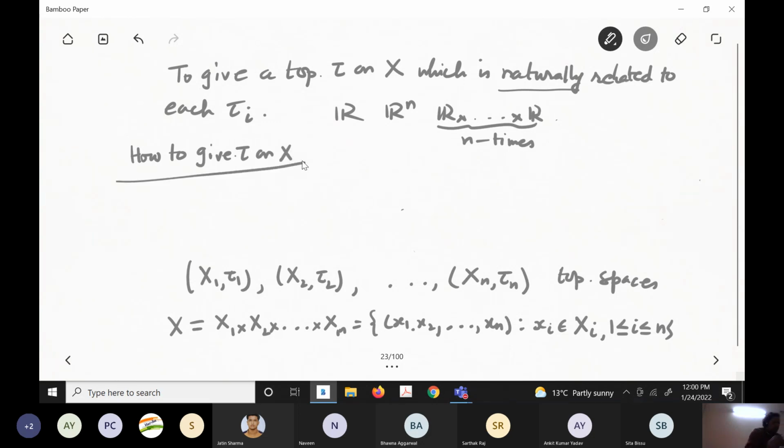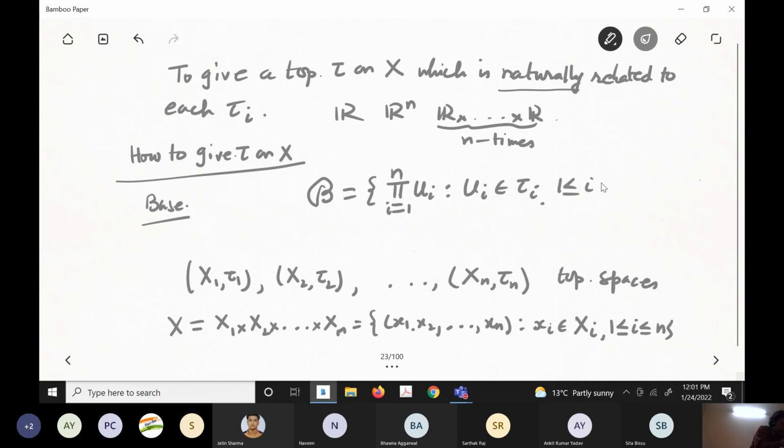Well, in fact, we do not try to define the entire topology. We try to define it at each point, or through a base. That's why it's important you understand the concept of a base. Here, we take B equal to the collection of U1 cross U2 cross ... cross Un, where Ui belongs to tau_i for i from 1 to n.